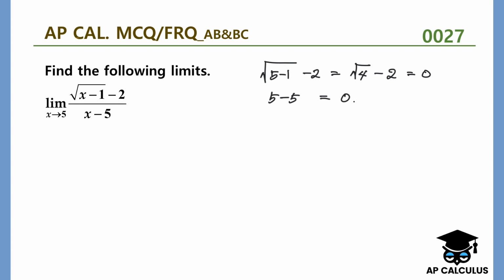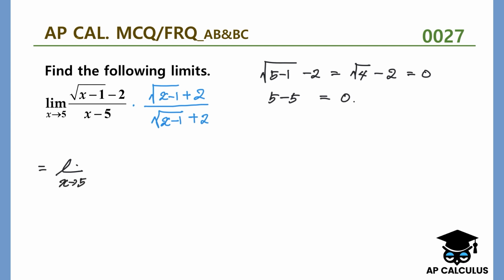So we're going to multiply by square root of x minus 1 plus 2. Since we have a negative here, we must have a positive here, over square root of x minus 1 plus 2. So that is equal to the limit as x approaches 5.